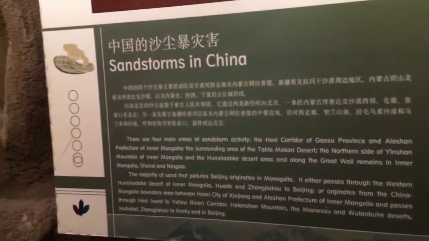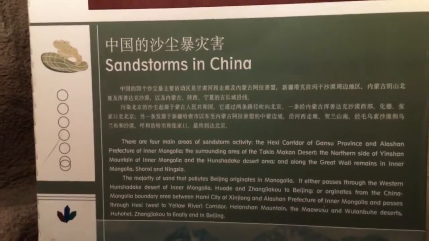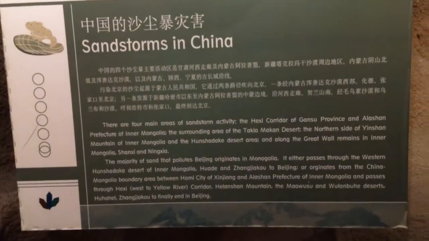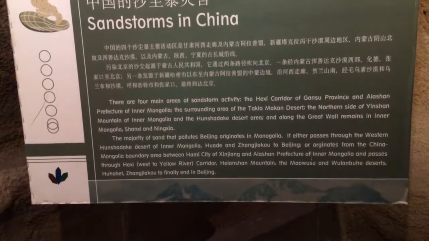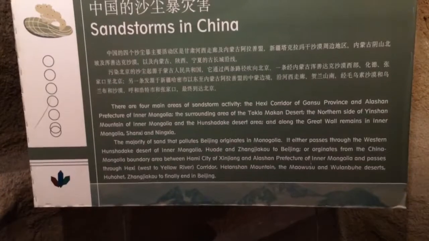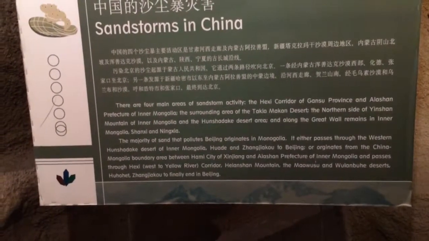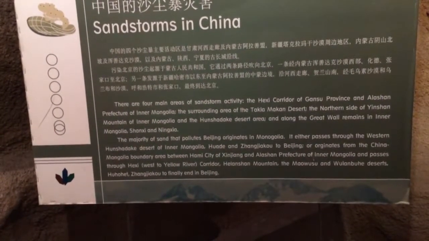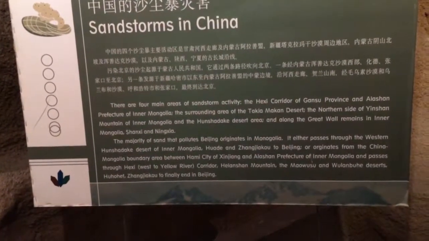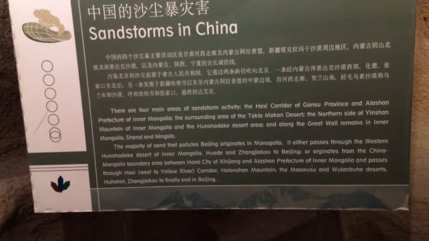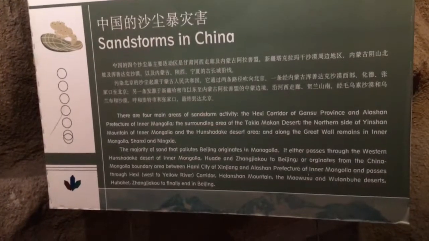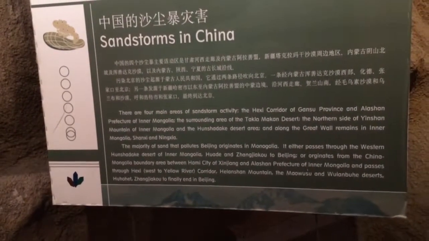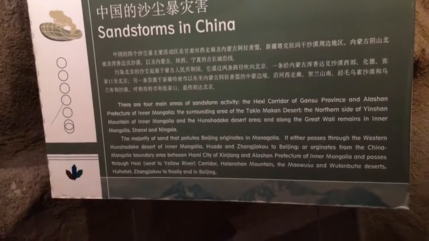The majority of sand that pollutes Beijing originates in Mongolia, either passes through the western Hunshandake Desert or Inner Mongolia, Huade and Zhangjiakou to Beijing, or originates from the China-Mongolia boundary area between Hami City of Xinjiang and Alashan Prefecture of Inner Mongolia, and passes through Heshi, west to the Yellow River corridor, Yilan Mountain, and Badain Jaran and Ulan Buh deserts, Hohhot and Zhangjiakou, to finally end in Beijing.